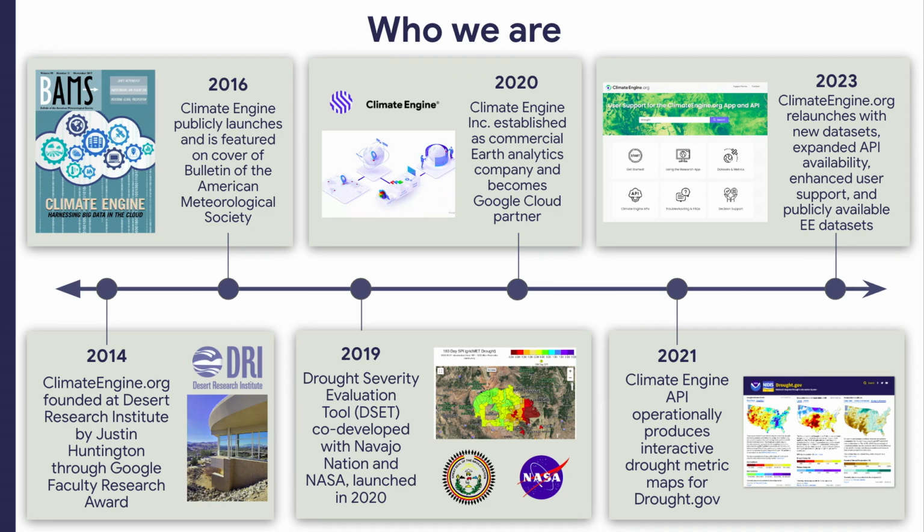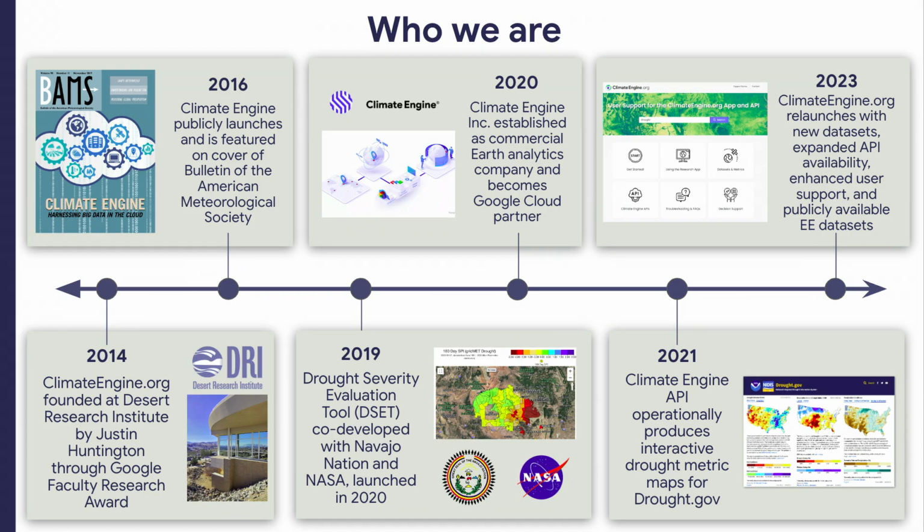It started back in 2014, funded through a Google Faculty Research Award awarded to Justin Huntington at Desert Research Institute and launched publicly in 2016. In 2020, we helped to launch the company Climate Engine. I mention this specifically because climateengine.org and climateengine.com are separate organizations. So if you want to learn more, I don't have time in 4 minutes, but we can talk.